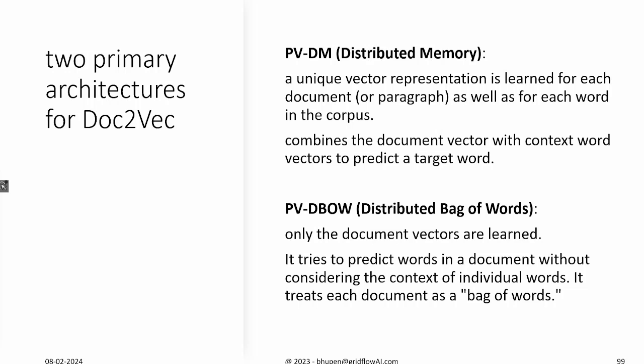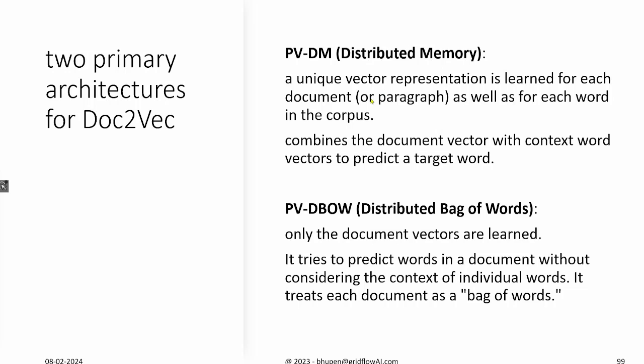It combines the document vector with the context words to predict the target. I'm going to explain this with a diagram. You could also do it with the continuous bag of words, with exactly the same formulation. In both of these architectures, we use a separate vector for the paragraph or for the sentence.